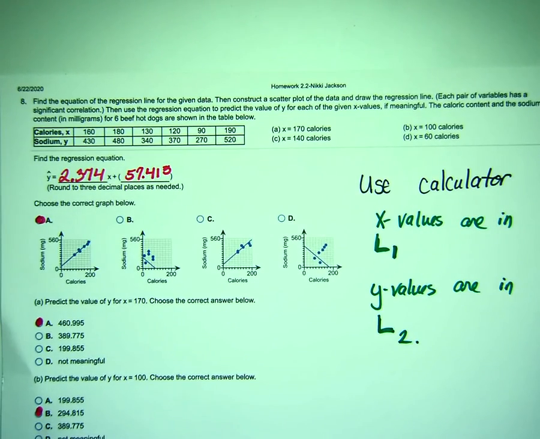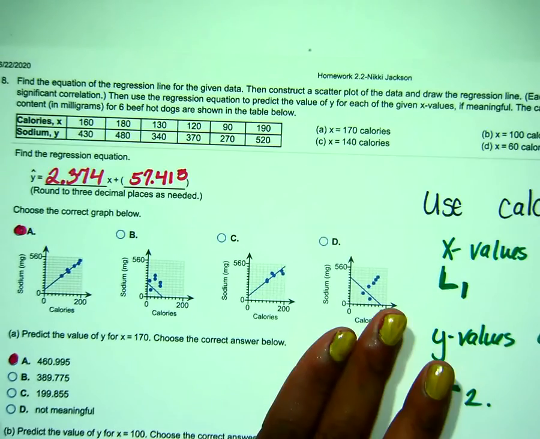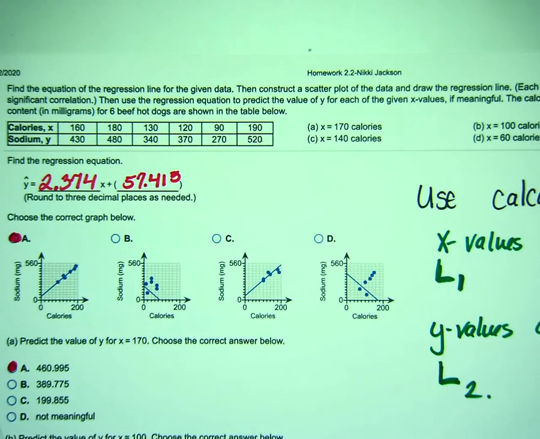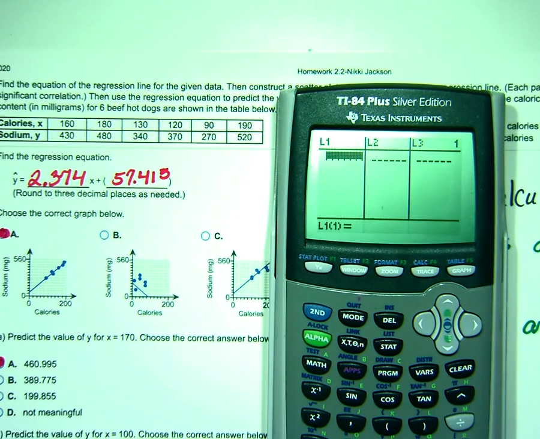Notice how using your calculators, your x values go under L1, the y values go under L2. Now that you see your numbers, and I've already cleared out my list, your x values go under L1 again. Your y values go under L2.